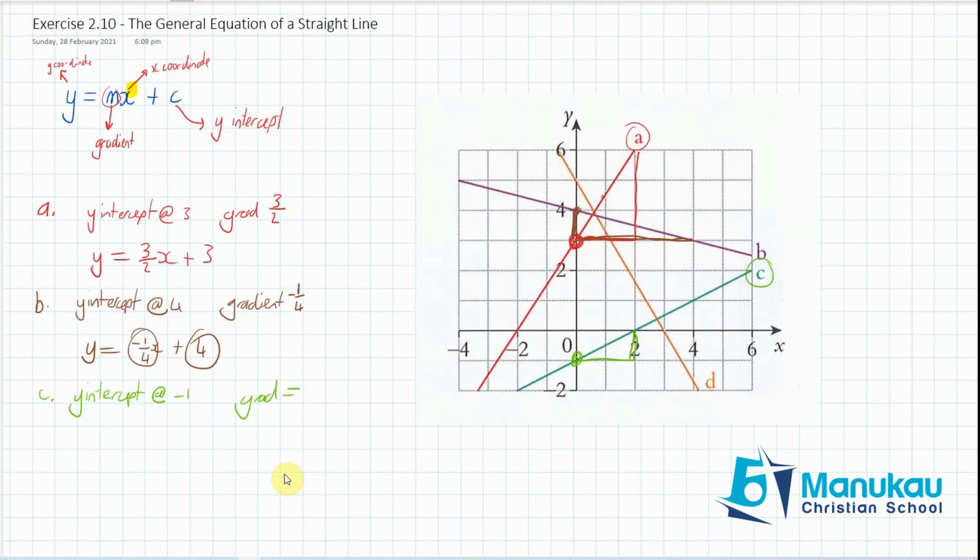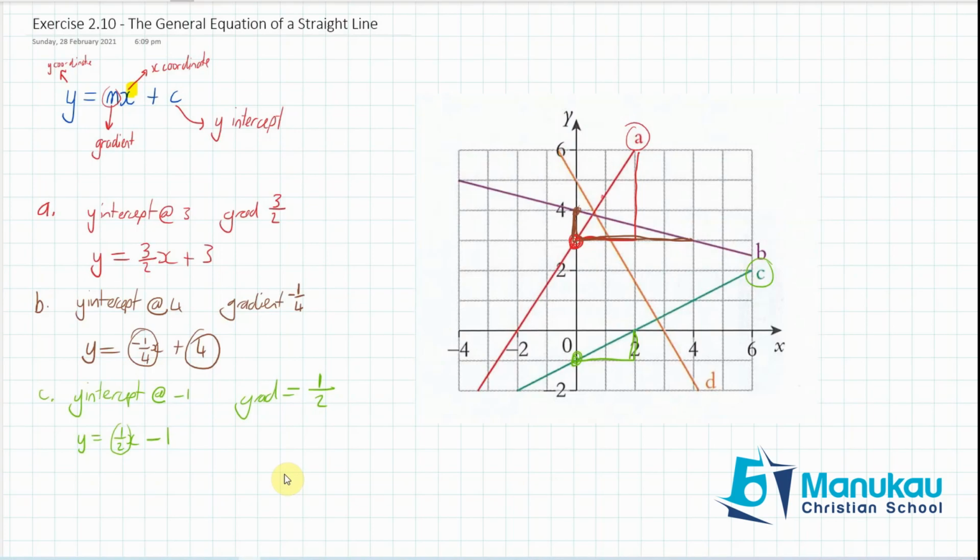So change in y goes up 1 over change in x, 2. So a gradient of 1/2, we'd write this as y is equal to 1/2 x minus 1. 1/2 being the gradient and minus 1 being the intercept.